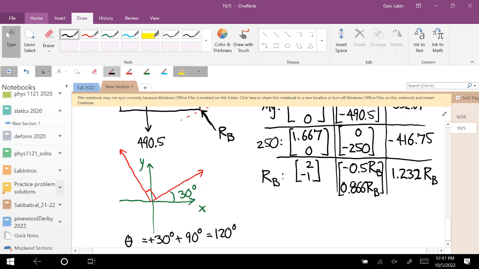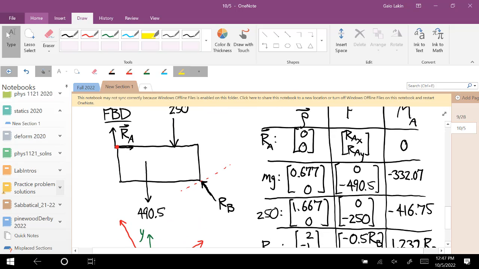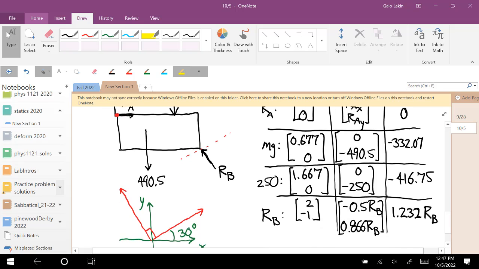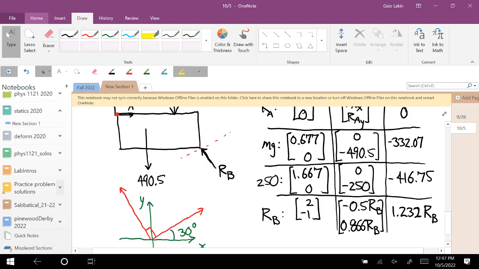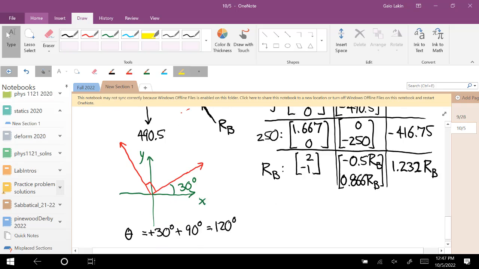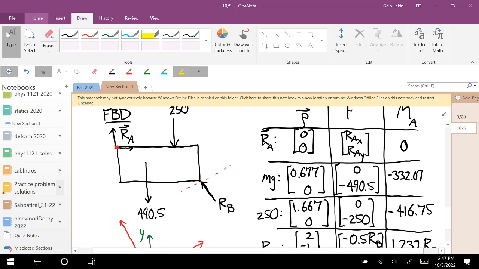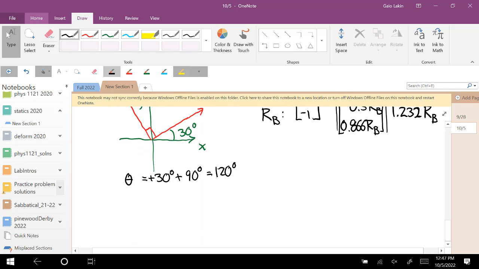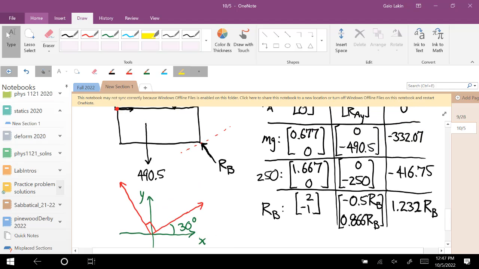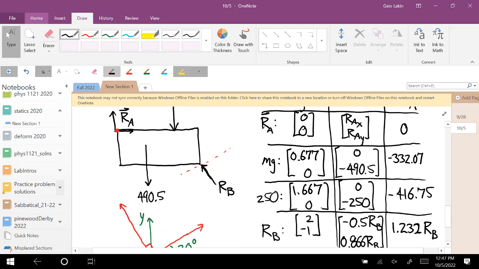Okay. We have 4 forces appearing on the free body diagram, 4 forces appearing in the table. So we know we have everything. Now write out the equations. The first equation is the x force equation.